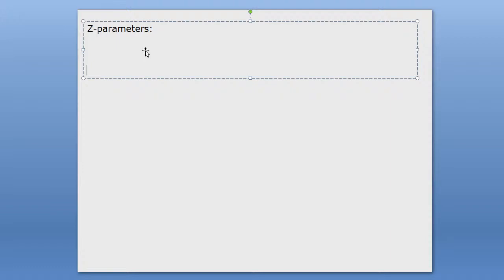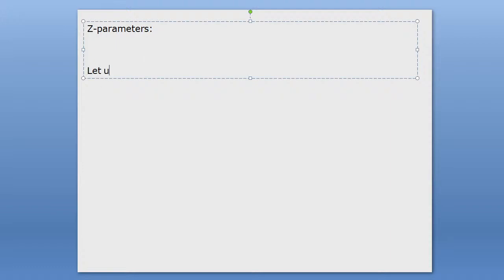Let us consider that I1 and I2, the input port current and output port current, are independent variables, and the input port voltage V1 and output port voltage V2 are dependent variables. Okay, you just write it.